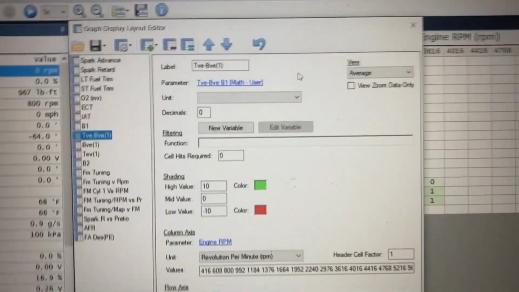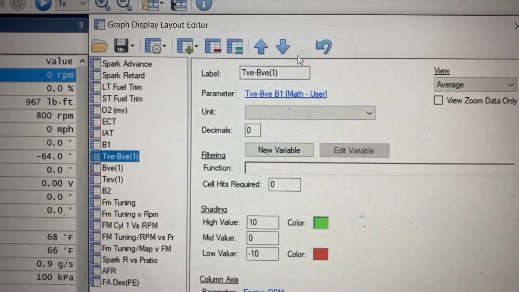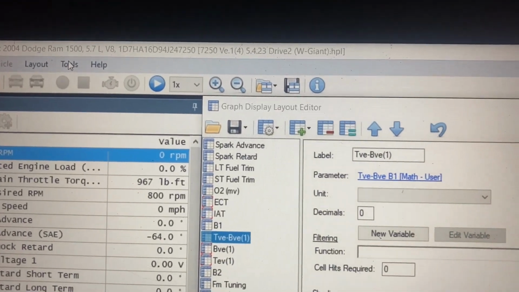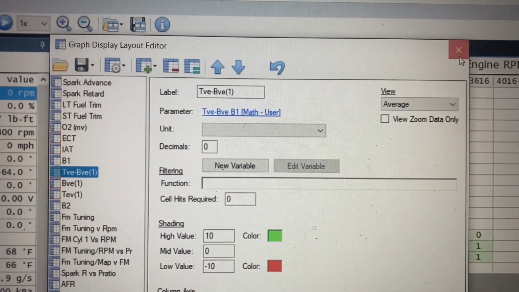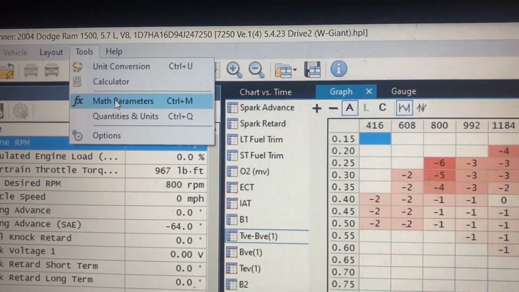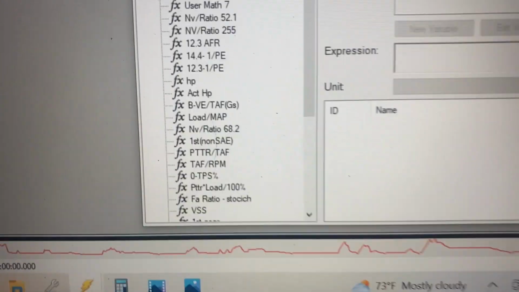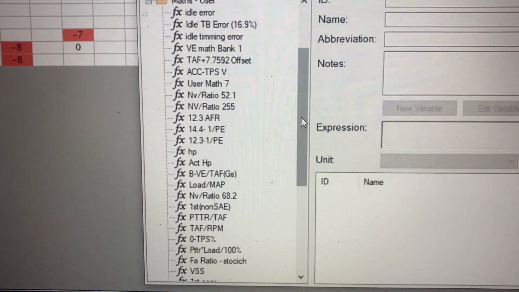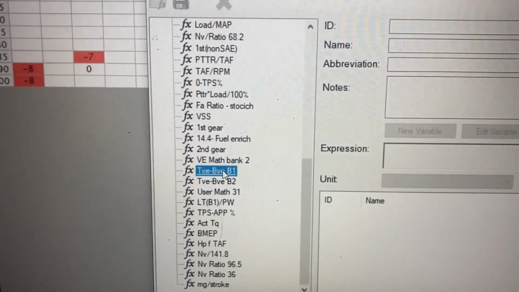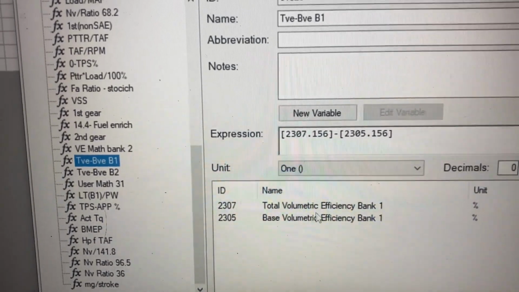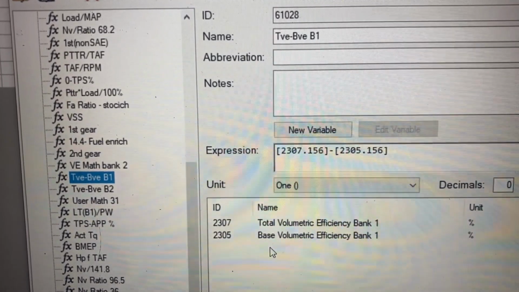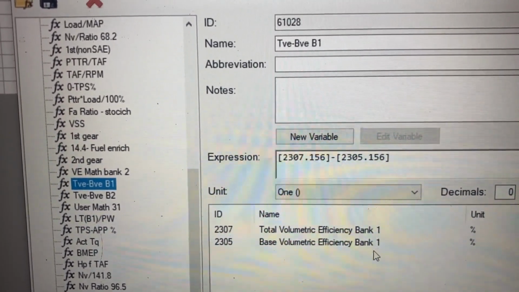All right, so one of the tools I create to help me deal with this, and all right, let's go over here. One of the tools that I use to help me deal with a lot of this stuff is a math parameter, all right? I'm going to take a photo of this in a little bit. This math parameter is total volume efficiency, bank 1, and base volume efficiency, bank 1.